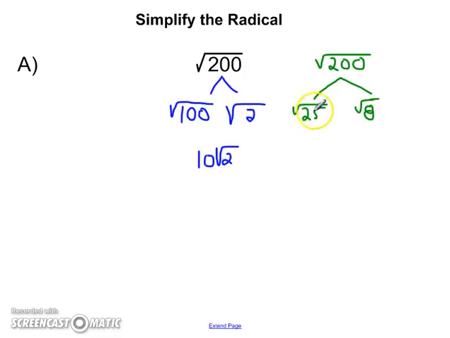Now you notice this factor tree type of thing. 25 does have a perfect square root of 5, which is all fine and dandy. But 8 itself breaks down into the square root of 4 times the square root of 2.